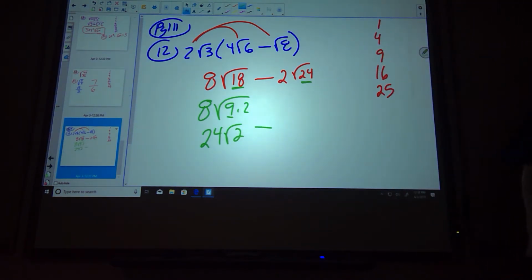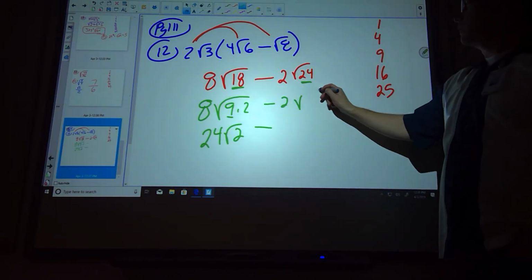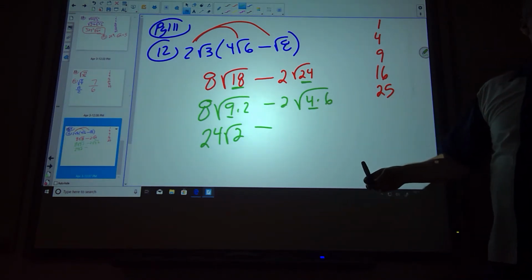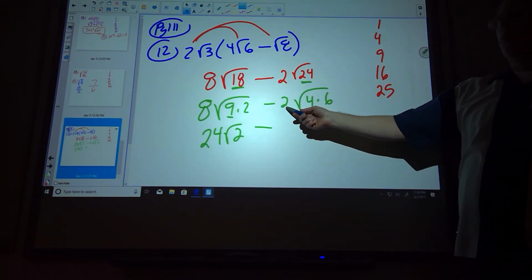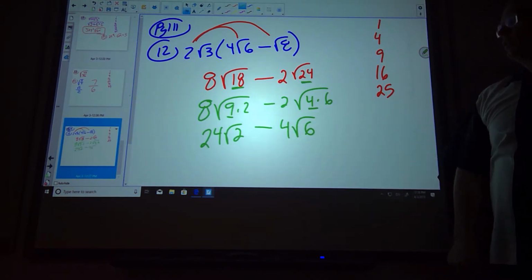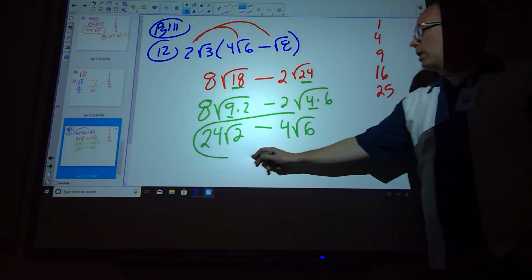What does 24 break down to? 6 and 4. Good. What's the square root of 4? 2. What does that 2 do with this 2? Multiplies. Can I go any further with this problem? Do I have the same radicals? No. That problem's done.